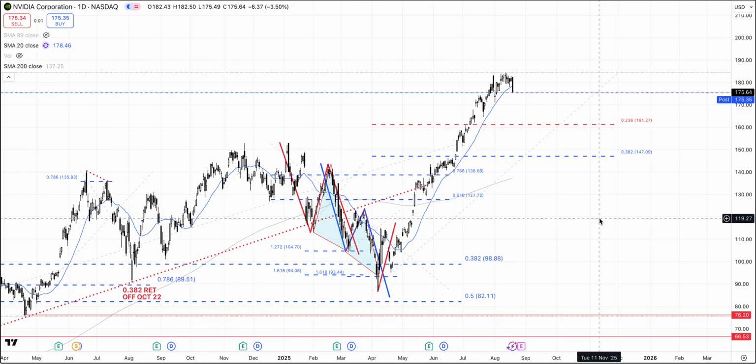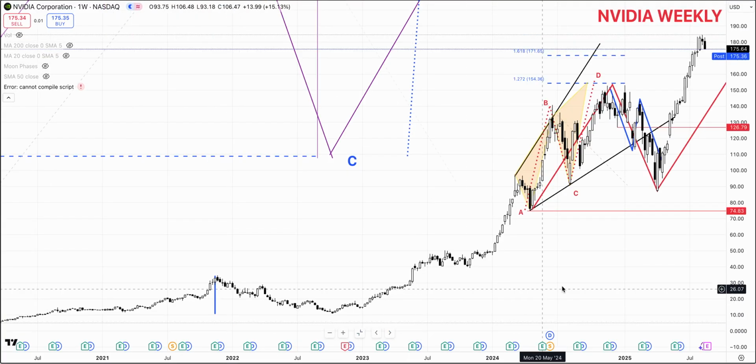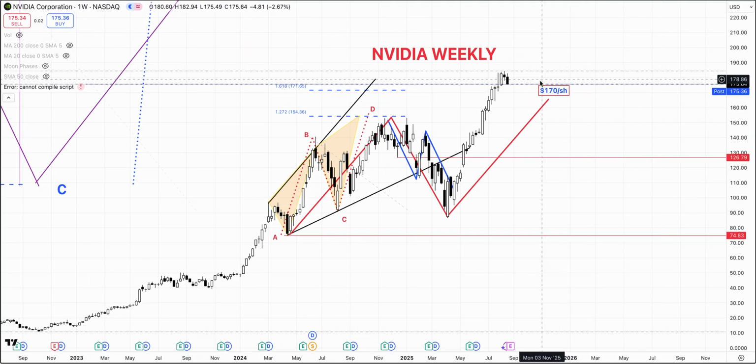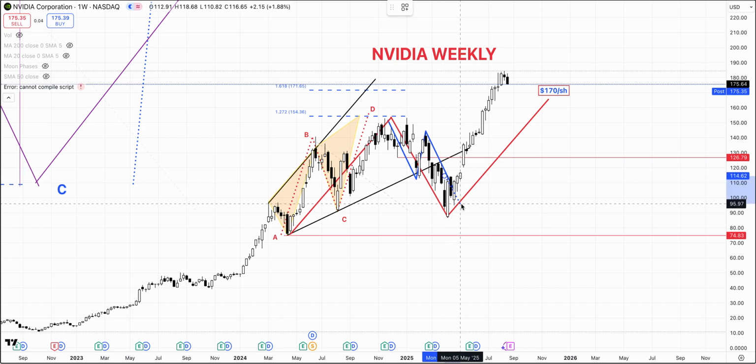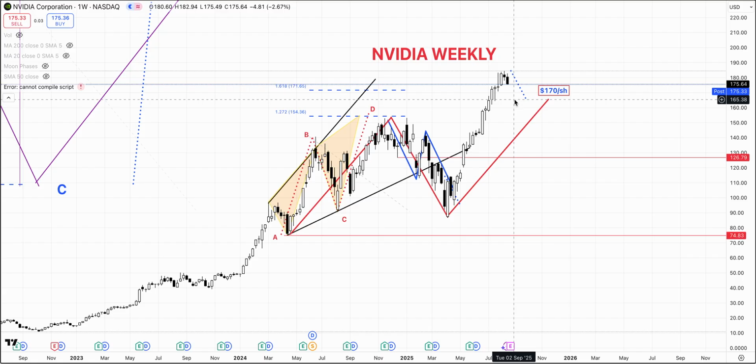Okay, now let's also take a look at this on the weekly chart. On the weekly chart, we can see our targets were met, which is around 170 bucks. The market went about 14 bucks higher, and it's just gone sideways. It's pulling back. This was a bit of a pullback right here, and maybe 165.